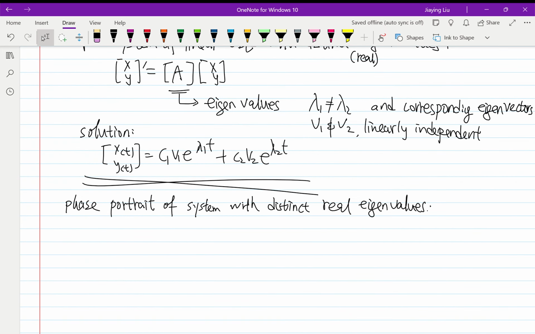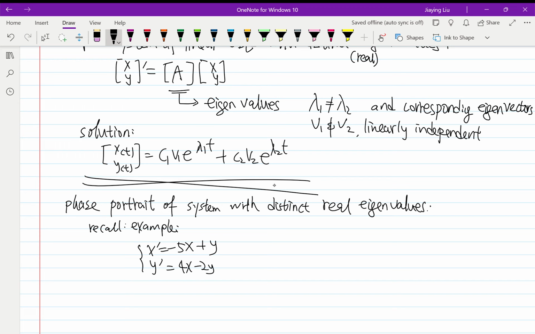That's the example that we talked about last time. Let me write down the example, recall: x prime equals negative 5x plus y, y prime equals 4x minus 2y.